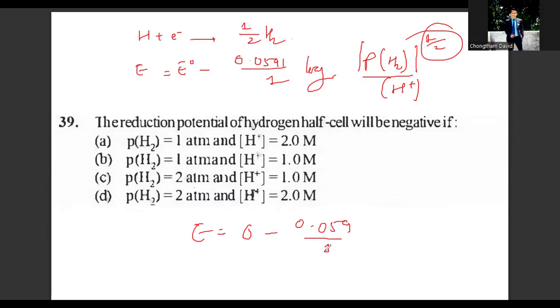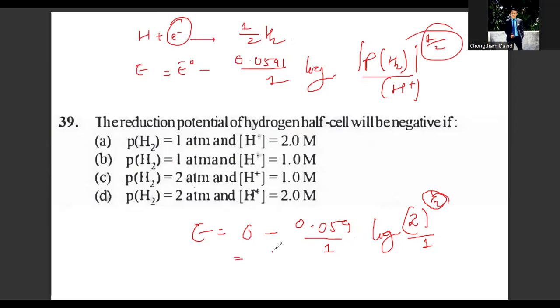0.059 by 1. This is the total number of electrons. See here, right? So 1 is the number of electrons involved, log. We are considering the pressure as 2. So if I would write here 1 by 2, what is this value? Let's calculate.